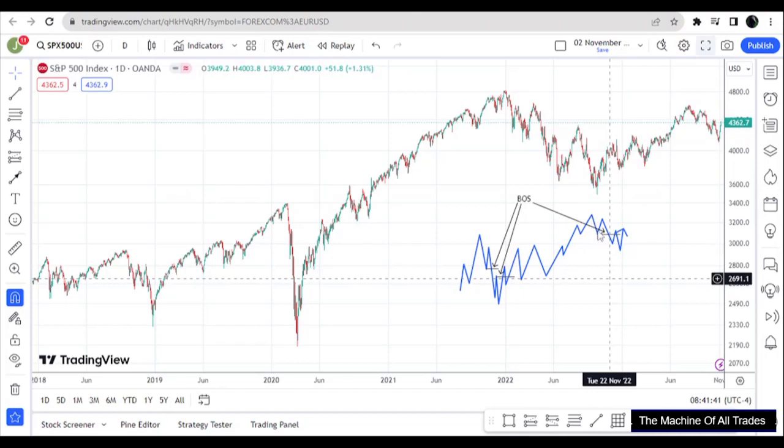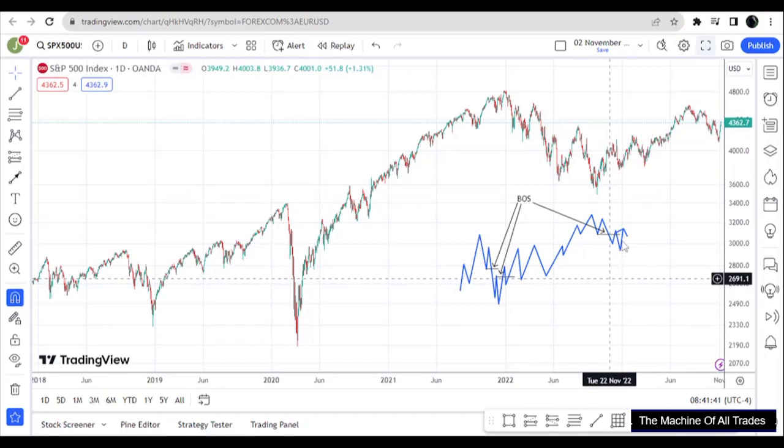And the moment when it broke this higher low, it showed an interest for the market to go bearish. And it confirmed that by doing what? By making a lower high, it broke down to make a what? A lower low.